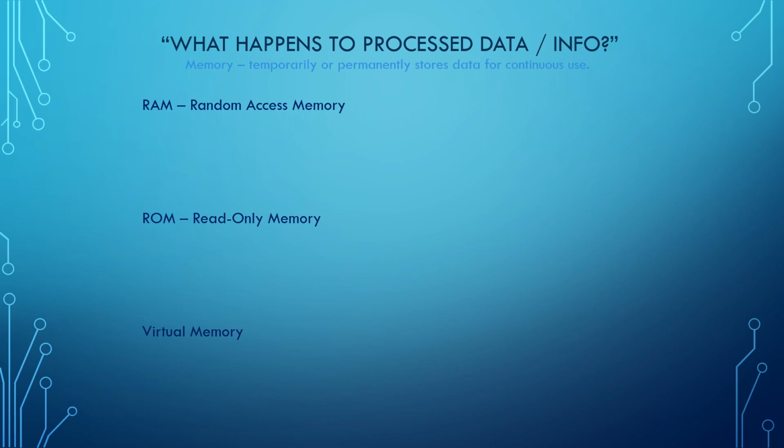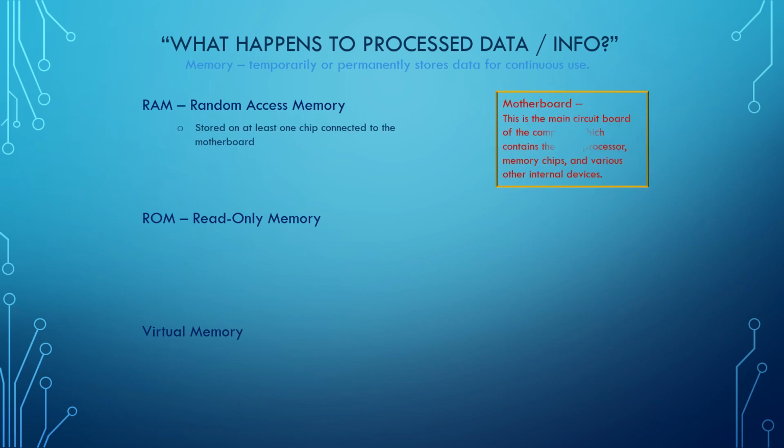Now RAM is stored on at least one memory chip, one or more. And these chips are connected to the motherboard. The motherboard is a primary circuit board. It contains the microprocessor and other internal devices that help the computer function properly. RAM usually handles temporary files, and it gives users access to programs or applications.